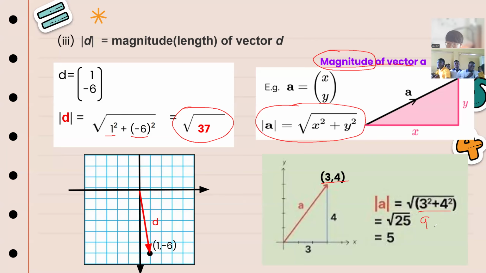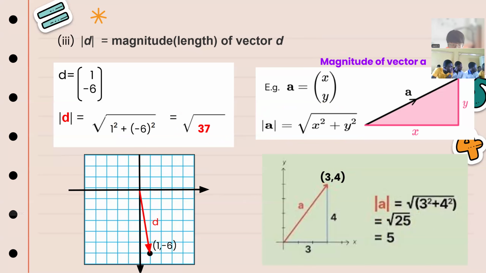That will be 9 plus 16 inside the square root, which is the square root of 25, which is equal to 5. 5 would be the magnitude of the (3, 4) vector. Does this make sense to everyone? Yes. Okay, then we can move on to the next question.